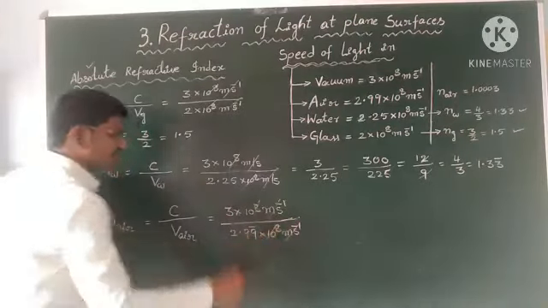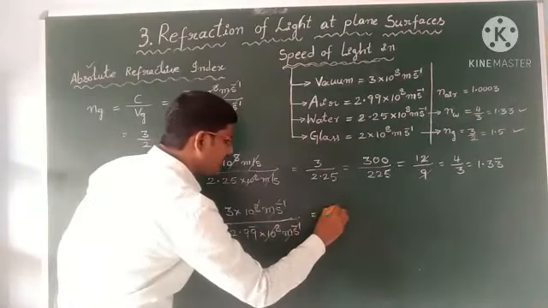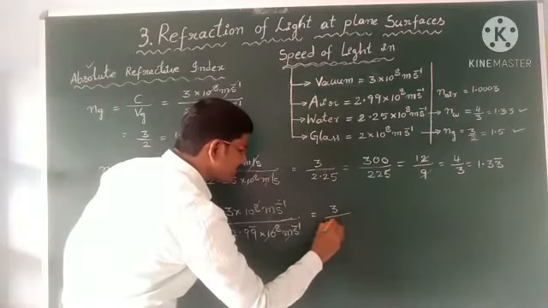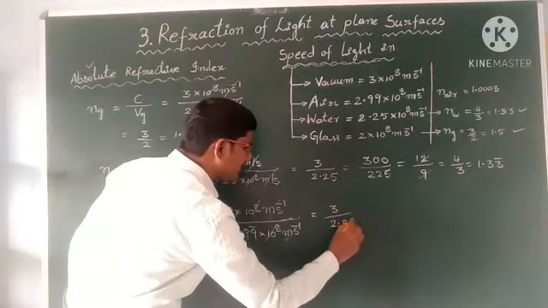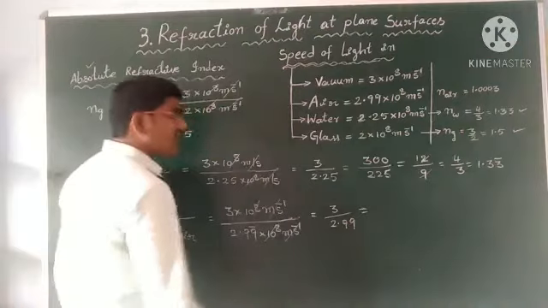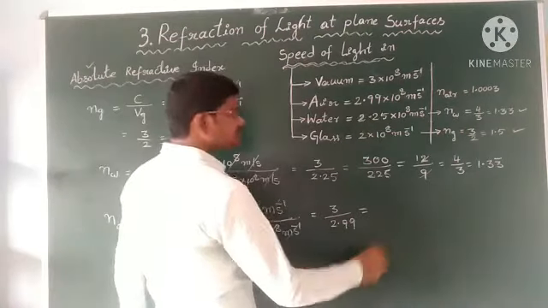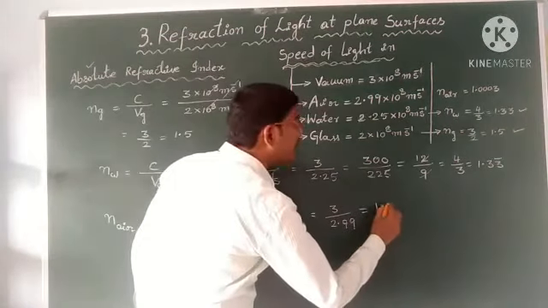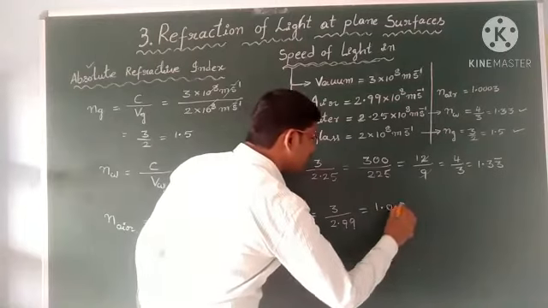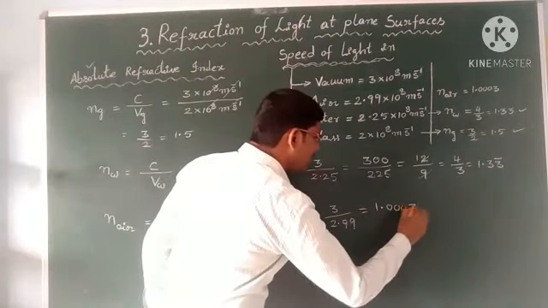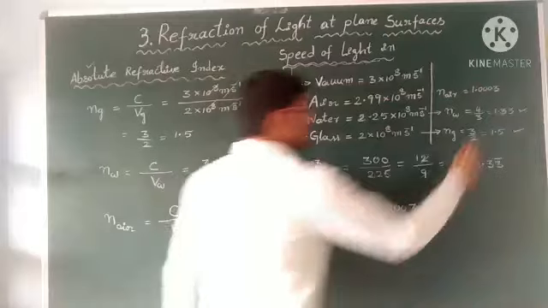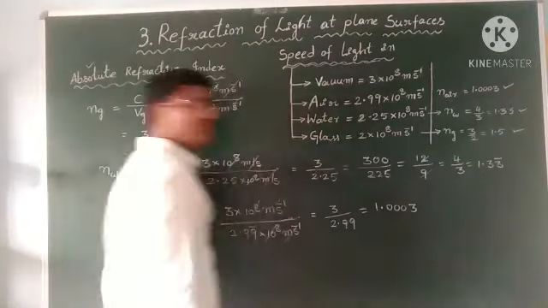Then this cancels, and you get 3 by 2.99. If we calculate its value, we get 1.003. This is the refractive index of air.